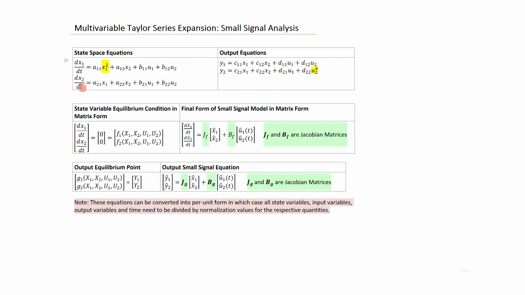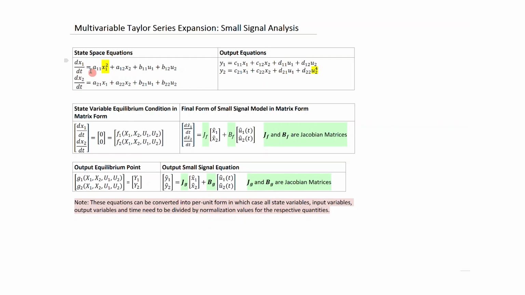In this case, there are two state variables, x1 and x2, and these differential equations or state space equations depend on the variables on the right-hand side, x1, x2, as well as any input variables. In this case, there are two input variables, u1 and u2. And then there are output equations that depend on the state variables and the input variables.